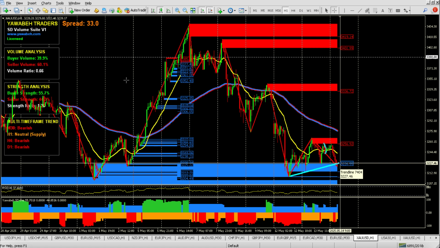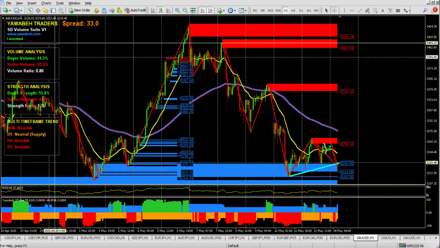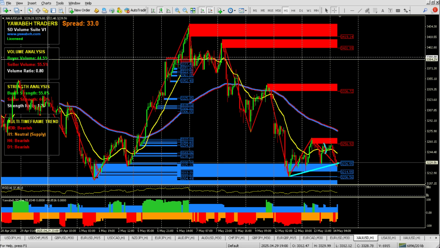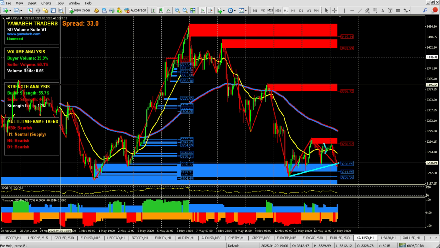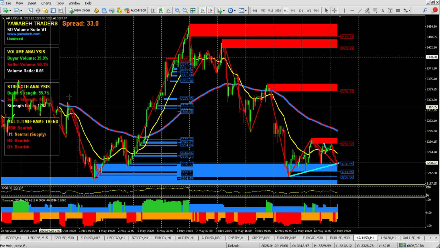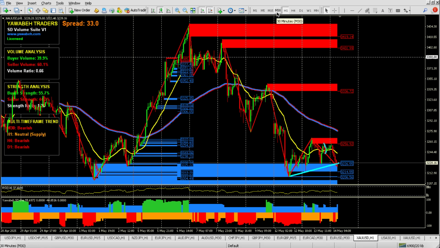If you see on the data side of the Yawabeh SD Volume Suite, it says on H1 the seller pressure is 60% and the signal strength is 44%, which is not actually considerable when we just rely on this time frame to enter a position.